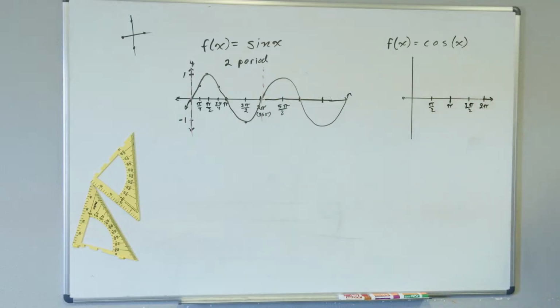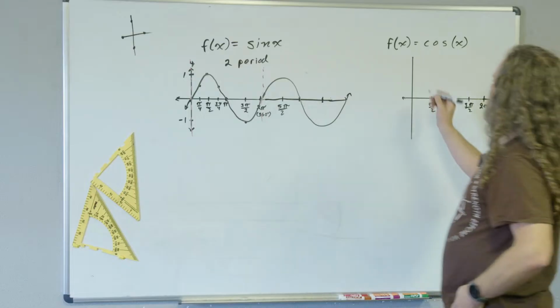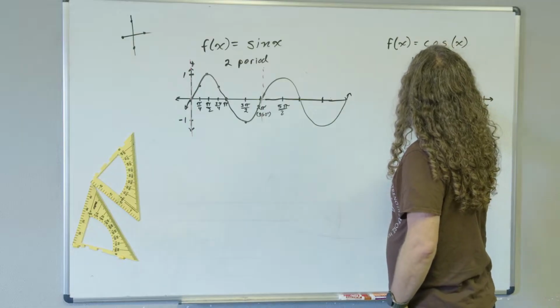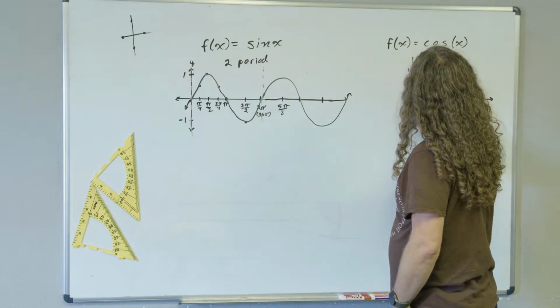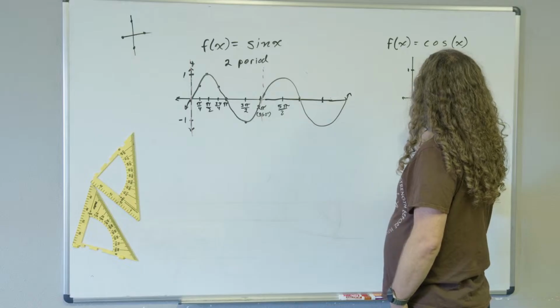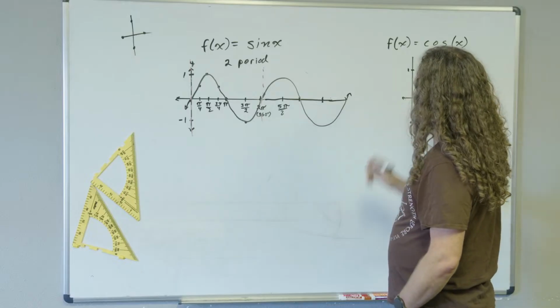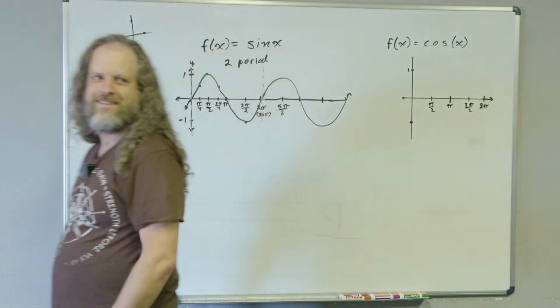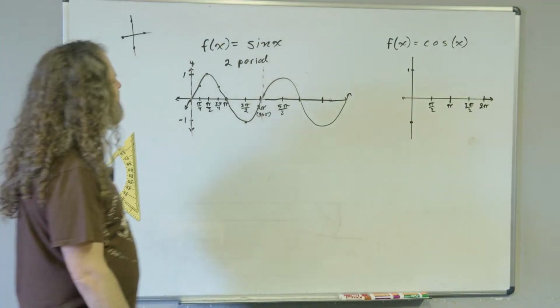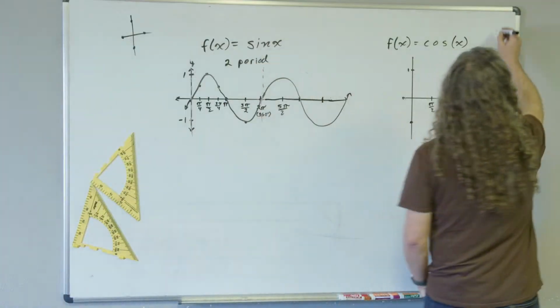Okay, we'll go back to where we are. What is cosine of 0? Cosine of 0 is 1.